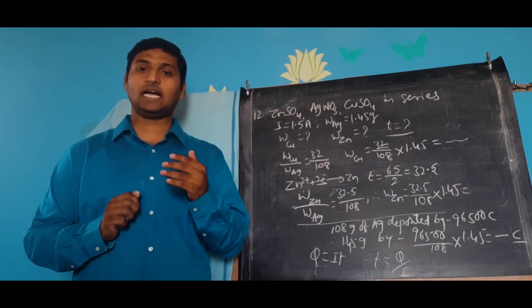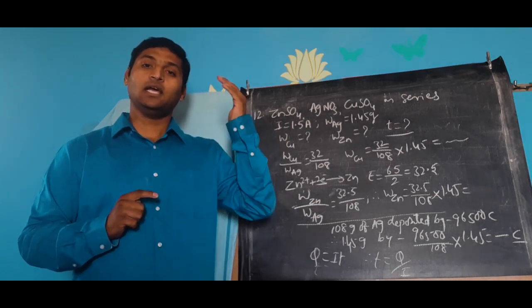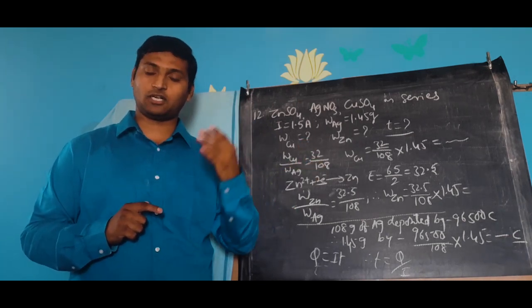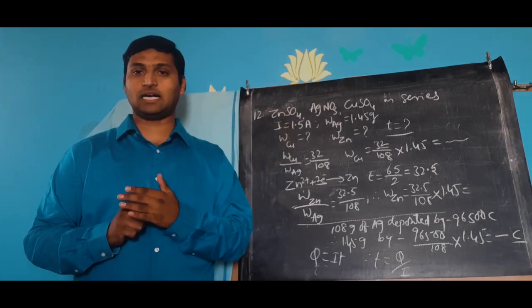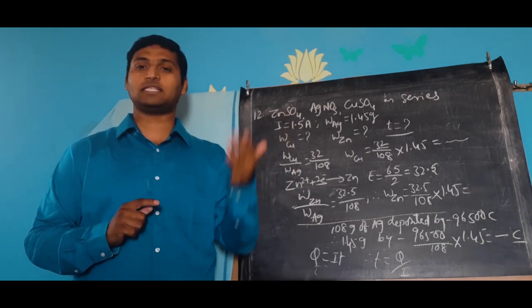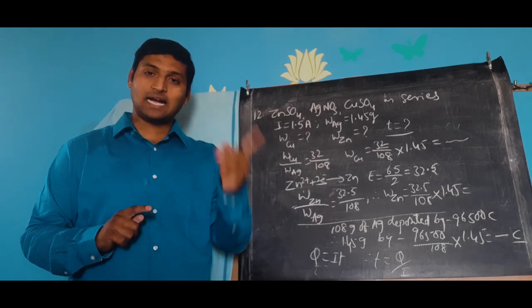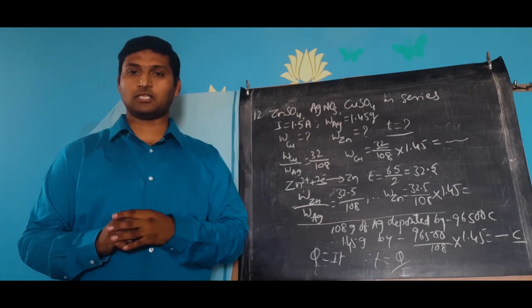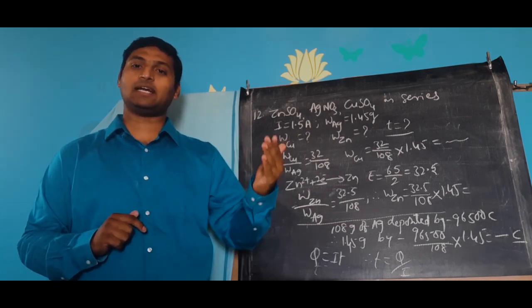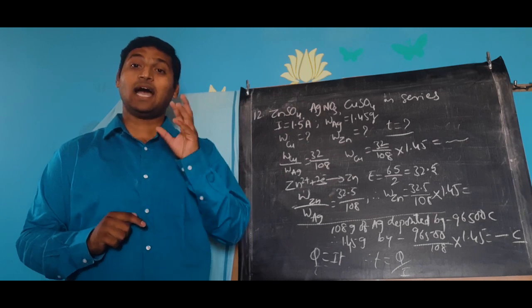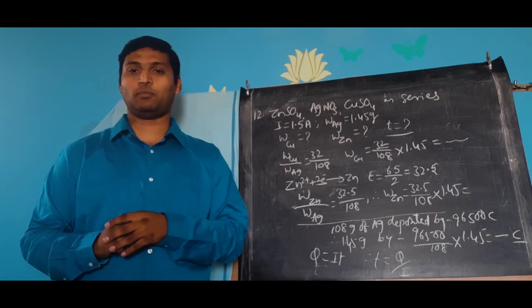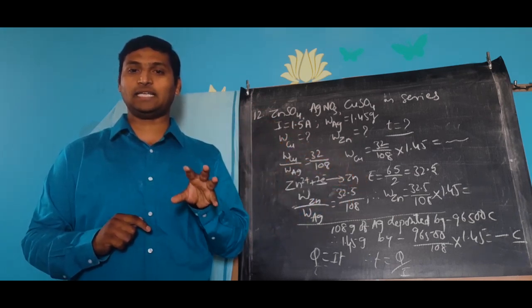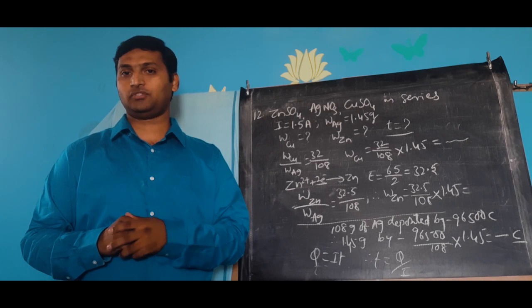So you have noticed that you had problems based on charge given, quantity of electricity asked, or quantity of charge given, quantity of substance asked, or amount of substance is given, charge required is asked, or current and time are given and amount of substance deposited is asked, or amount of substance and current are given, time required is asked. And you had a little different kind of problem regarding electroplating, where the dimensions of the metal to be plated are given and the charge required is asked.